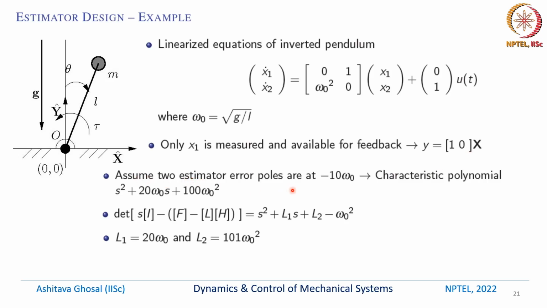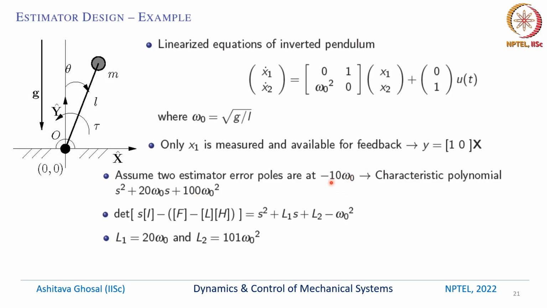Let us assume that the two estimator poles are at minus 10 omega naught. Okay, so it is 10 times to the left of the natural dynamics, which is plus minus omega naught. The characteristic polynomial in that case is s square plus 20 omega naught s plus 100 omega naught square.